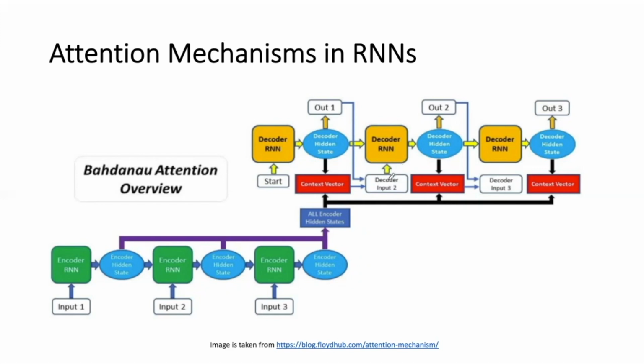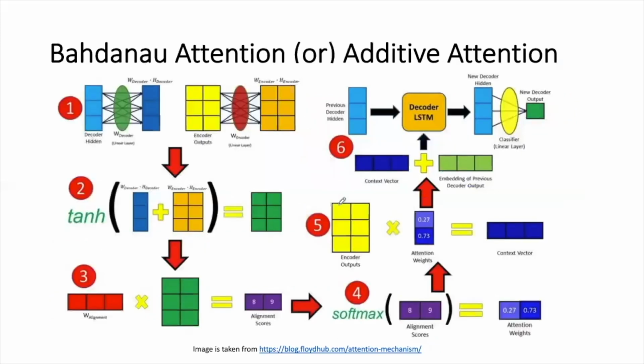Compared to a plain sequence model where we don't have any attention, this has given better results. Now moving on to how exactly this context vector is calculated and used. This is an illustration that shows step by step how it is computed.